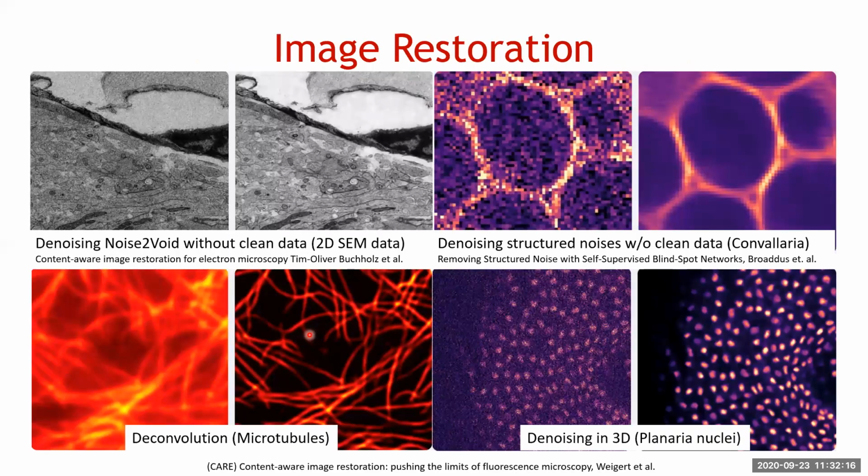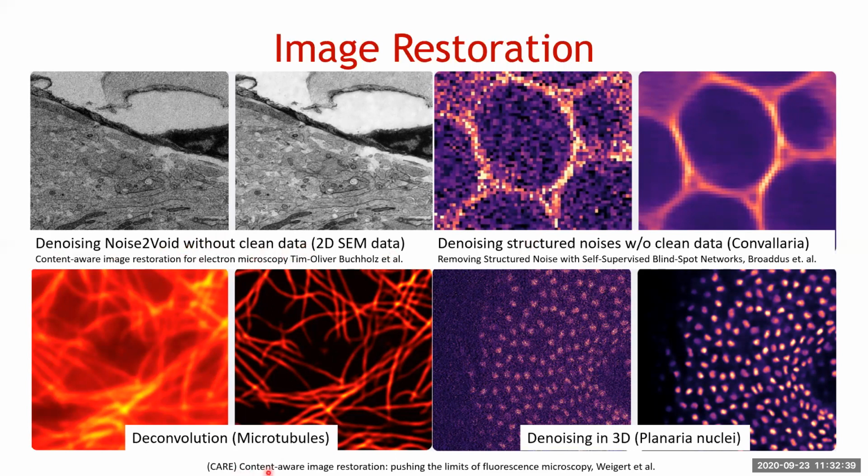So these are some of the examples. You have denoising with a model called Noise2Void, which actually uses pre-trained models to clean up images, and you don't need a bunch of ground truth data, or not that much of it anyway. That's Noise2Void.